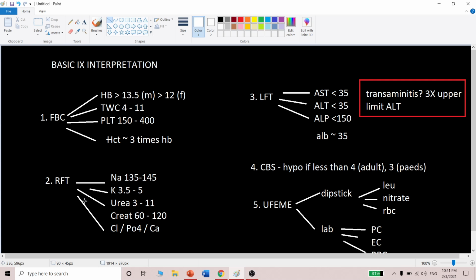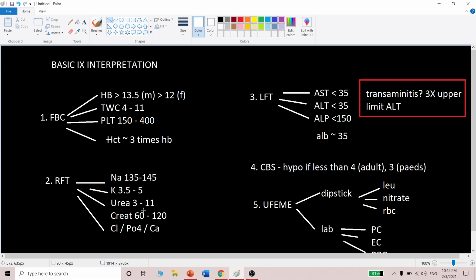So usually kita akan hantar RFT ni bila mana korang suspect patient ada renal impairment, contohnya dehydrated patient, nak look for evidence of AKI. So you nak kira you punya creatinine increment, nak tengok whether patient fulfill the definition of AKI ataupun tidak.